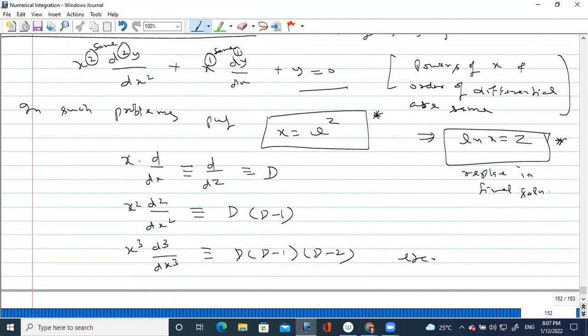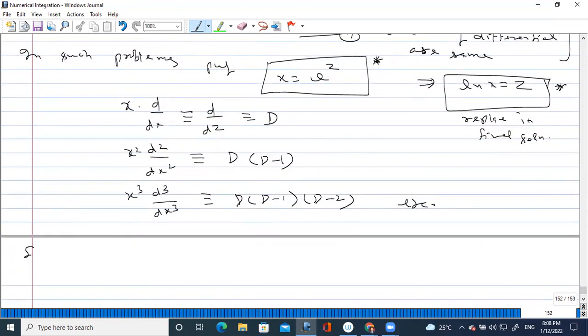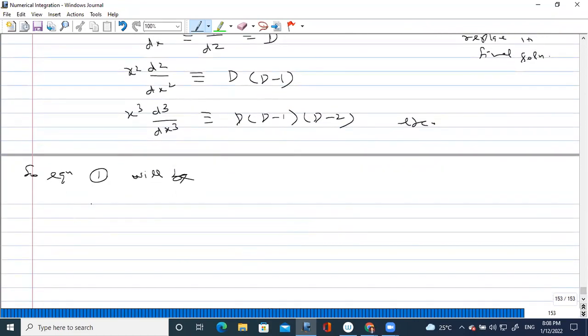Actually, suppose this is my equation number 1. In equation 1, I have to put all these things. So equation 1 will be transformed as x square d2y by dx square, so that I can write D into D minus 1, y.